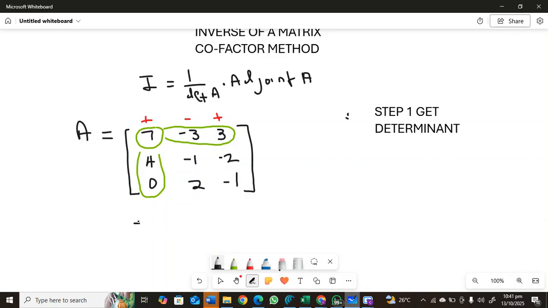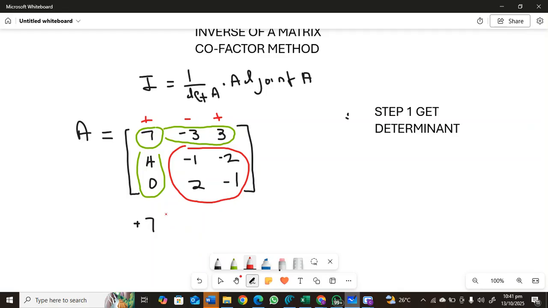So here it's like we have plus 7. Then you make a small 2 by 2 matrix with these numbers here. So make a small 2 by 2 matrix.